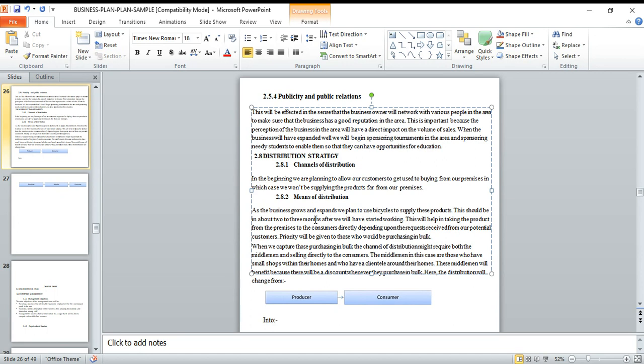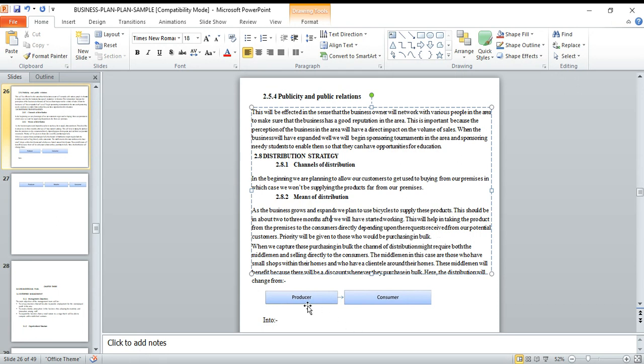Then means of distribution. As the business grows and expands, we plan to use bicycles to supply these products. This will be in about 2 to 3 months after we have started working.